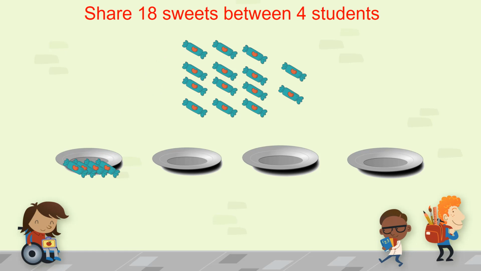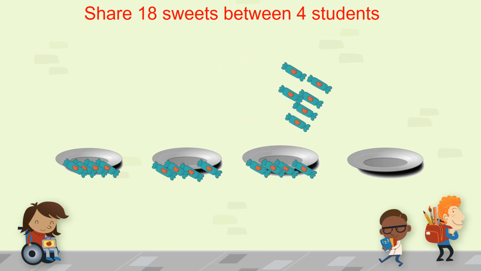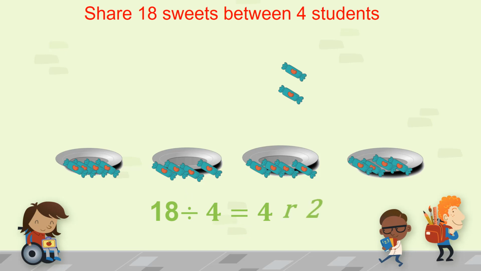Now, 4 in the first plate, 4 in the second one, another 4 in the third one, and another 4 in the last one. So, how many sweets remained? I have 2 candies left. So, my equation is 18 divided by 4 is equal to 4, and I have R2.